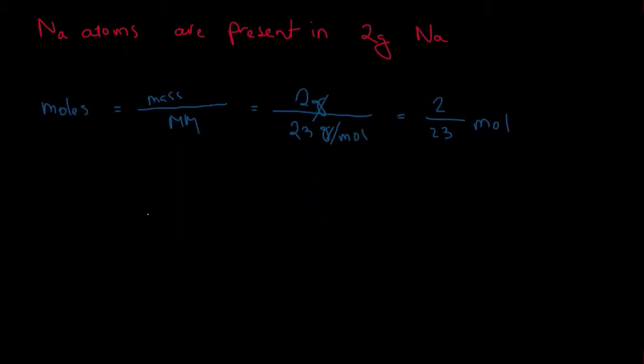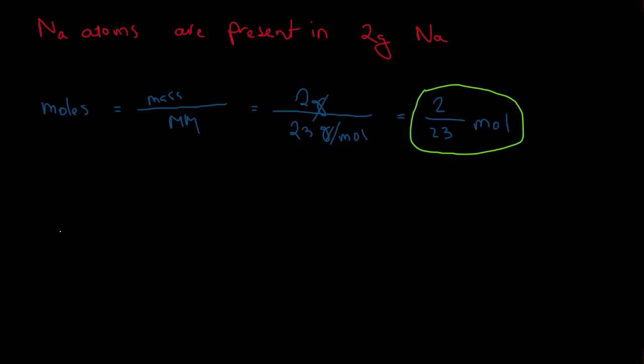So you have 2 by 23 moles of sodium. I have the moles here, and I know that 1 mole is the Avogadro's number of particles. So with this number of moles, I can figure out the number of sodium atoms present.